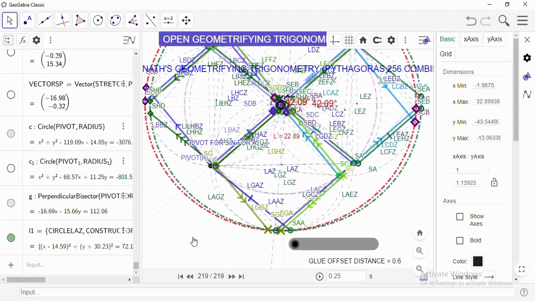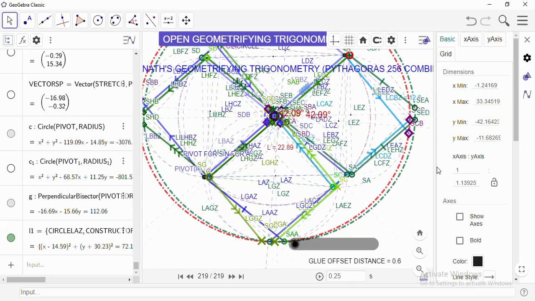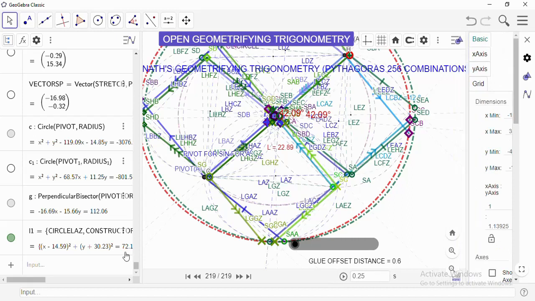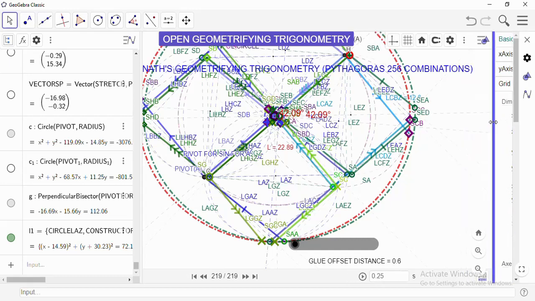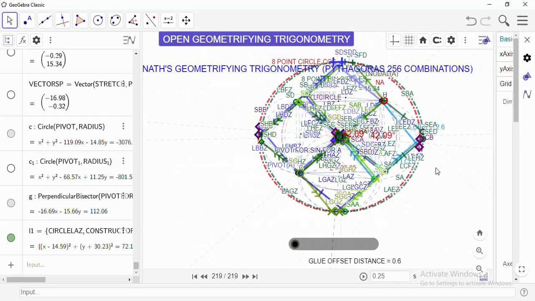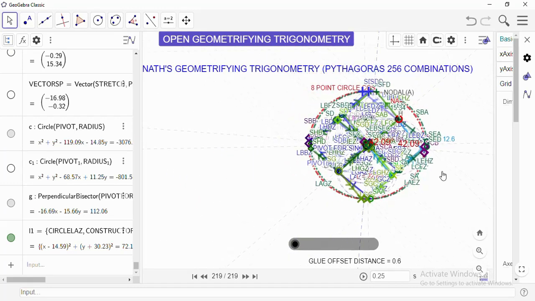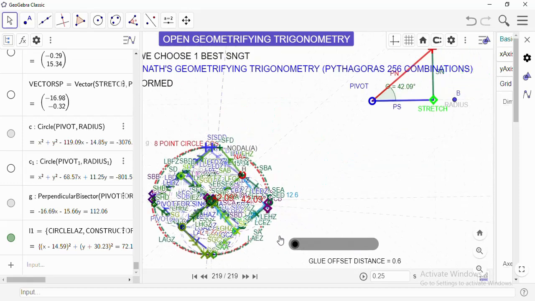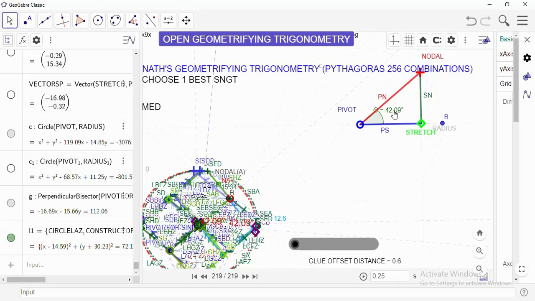Suppose we are now showing it here, and we can do one more thing also. We can change the seed angle to 20 to 30 degrees, then we can see the difference better, because at 47 degrees it is almost like a square, so it is tough for you to understand.